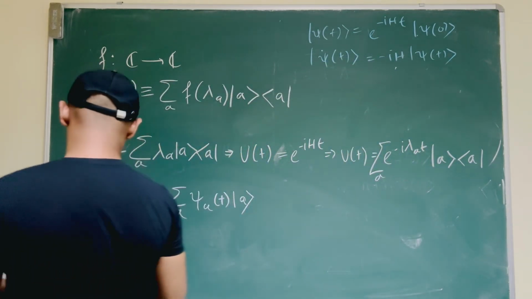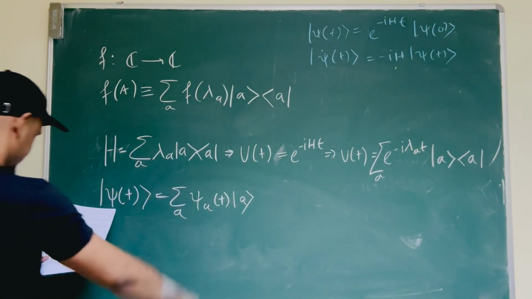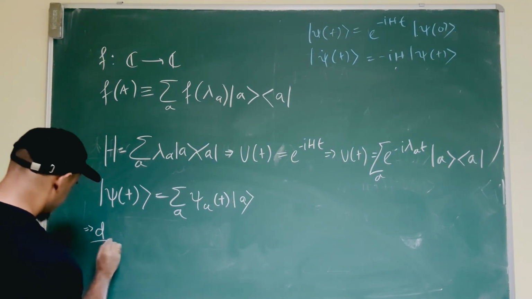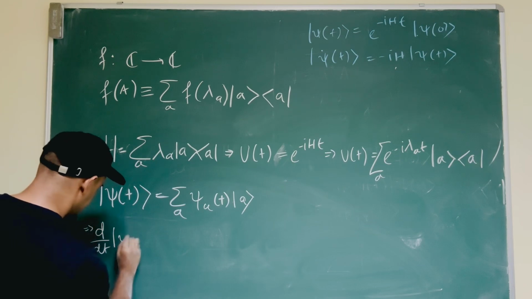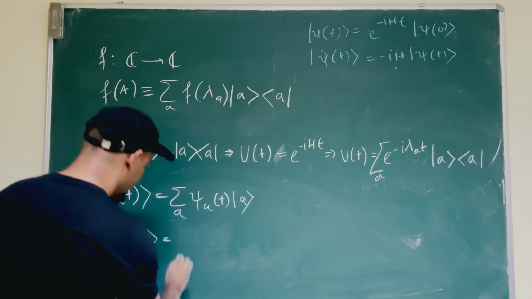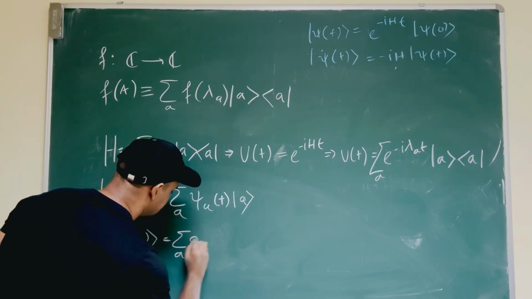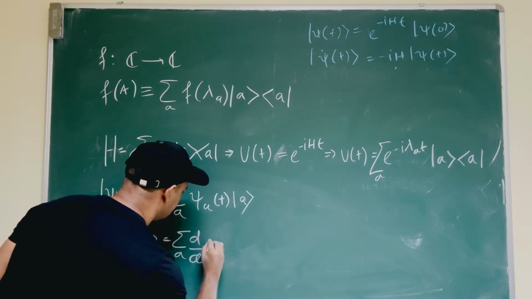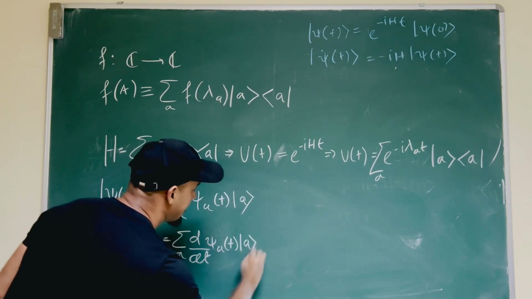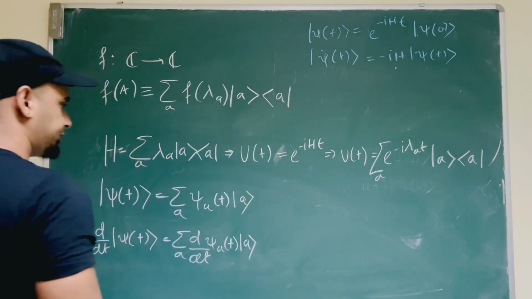And now we're going to take the derivative of this. So d/dt psi t is equal to the summation over A of d/dt psi A t times |A>.